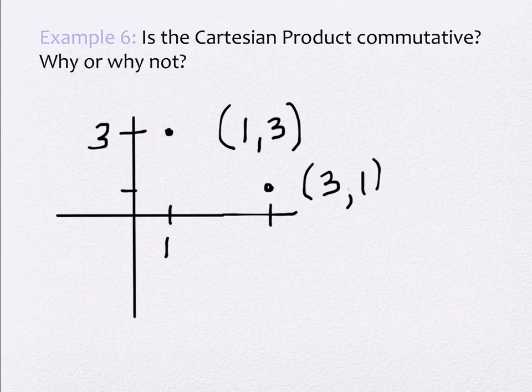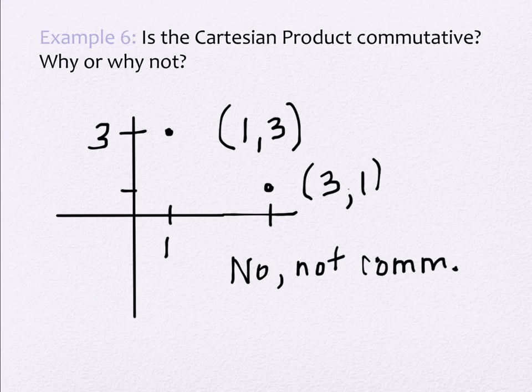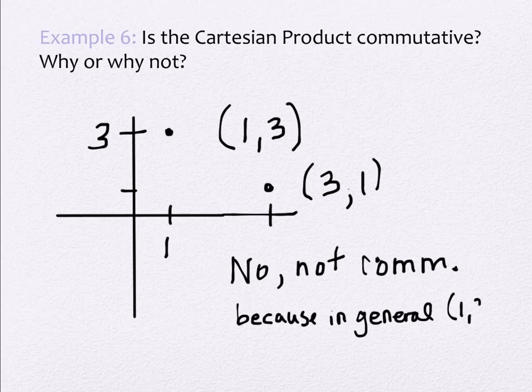If we just paired up myself and my sister's kids, it wouldn't necessarily matter. But it does matter in some cases. So in general, it matters. So we're going to write down that no, it's not commutative, because in general, 1, 3, for example, would not equal 3, 1.